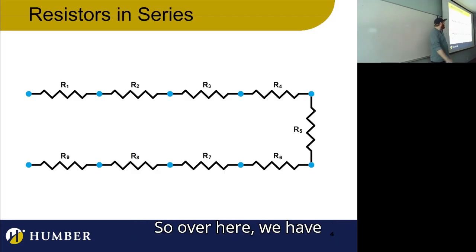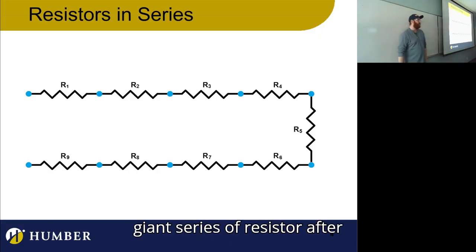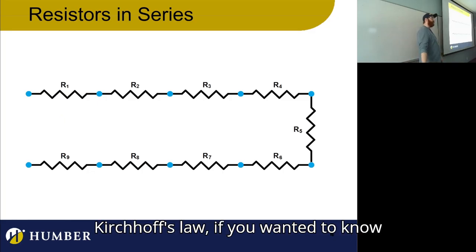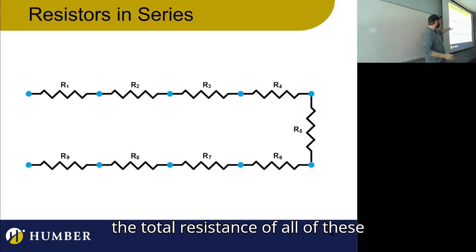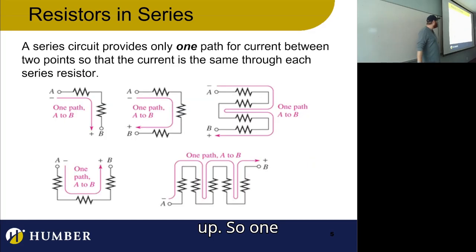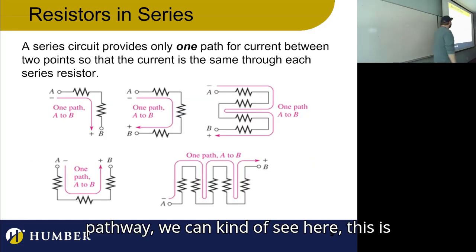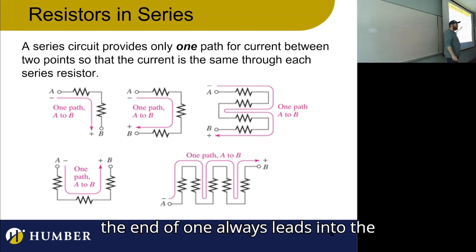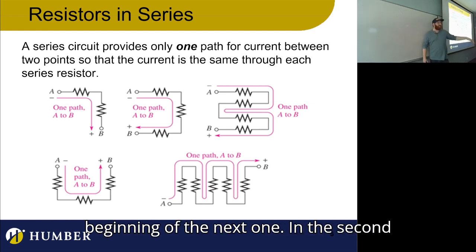So over here we have one giant series of resistor after resistor after resistor. According to Kirchhoff's law, if you wanted to know the total resistance of all of these resistors, you would simply add them all up. So one pathway, we can see here, this is a simple path, it's easy to follow, but the end of one always leads into the beginning of the next one.